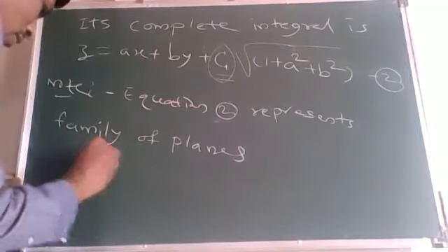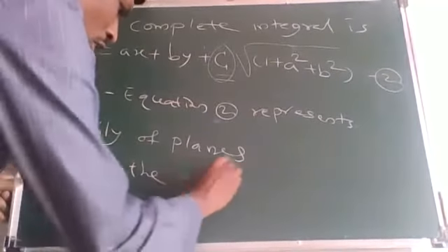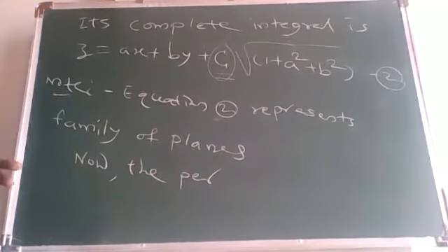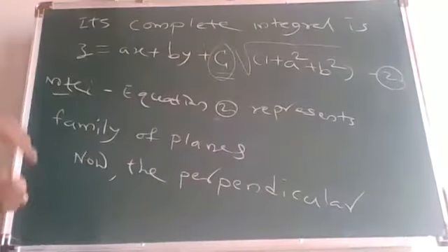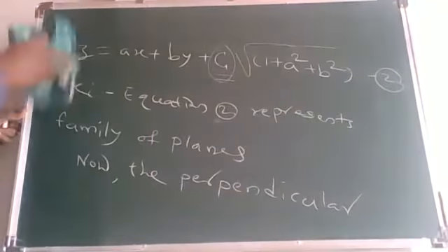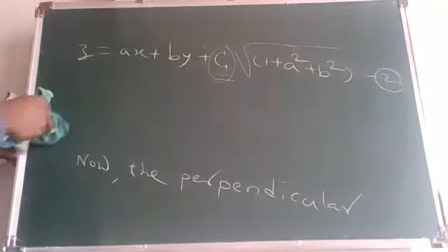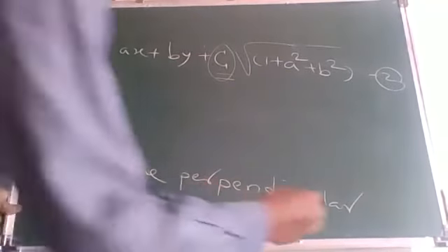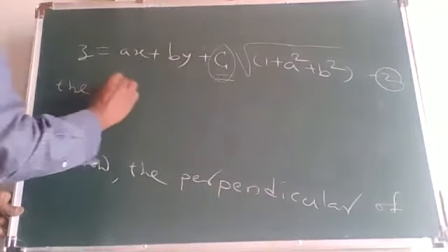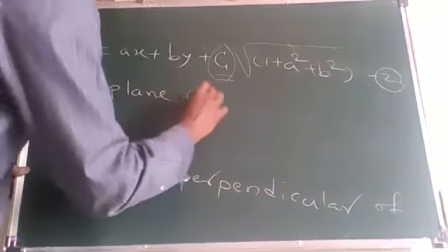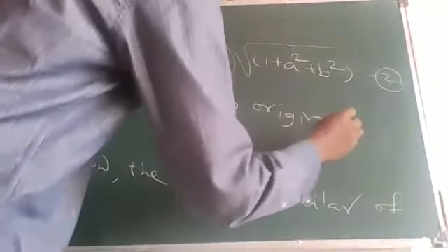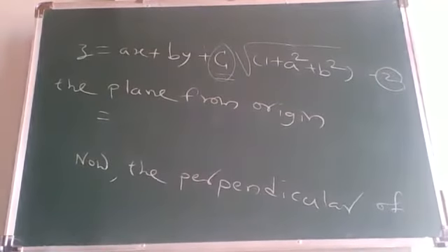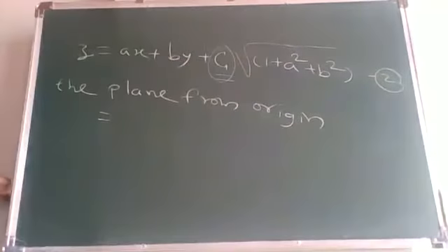Now, the perpendicular distance of this family of planes from the origin is given by the distance formula, where the coordinates of the origin are 0, 0, 0.